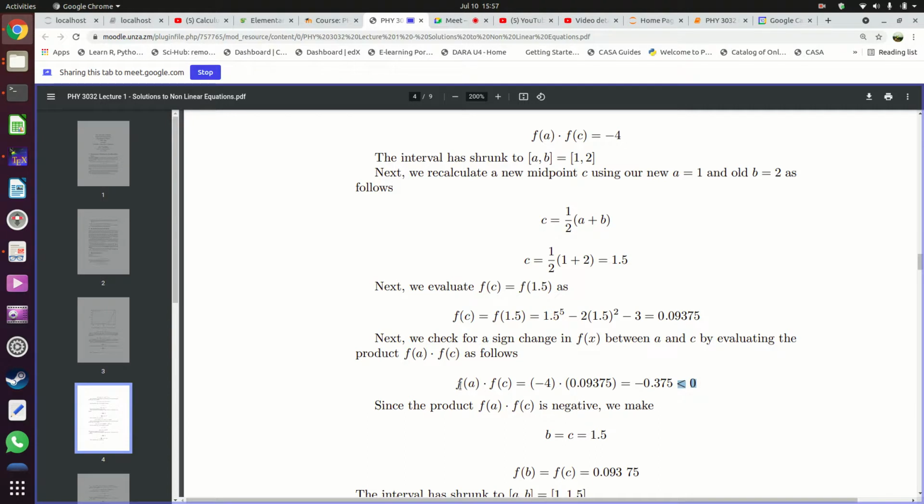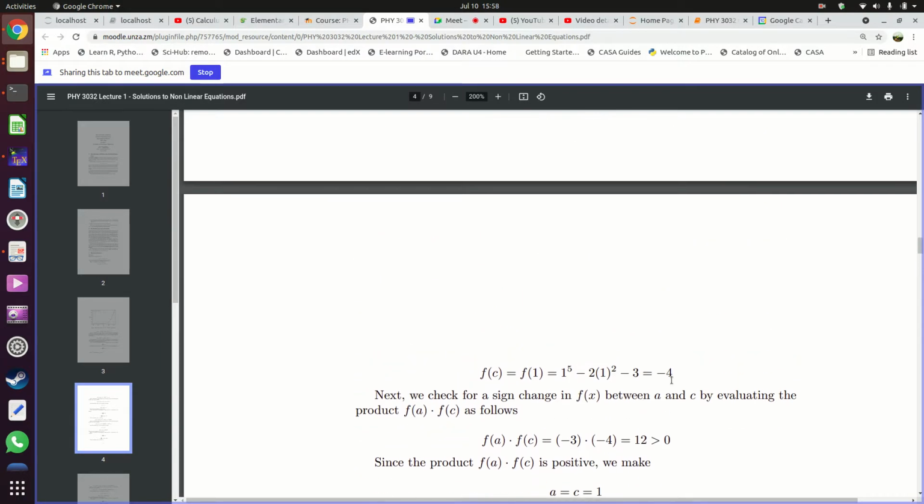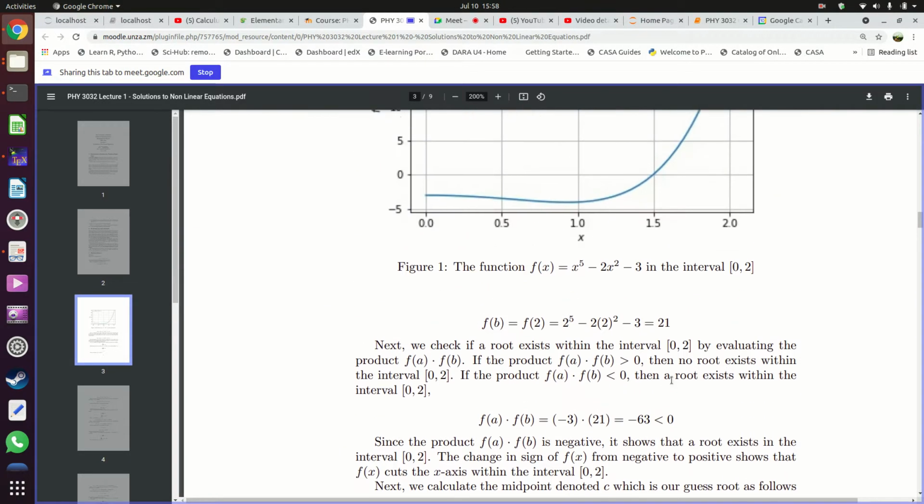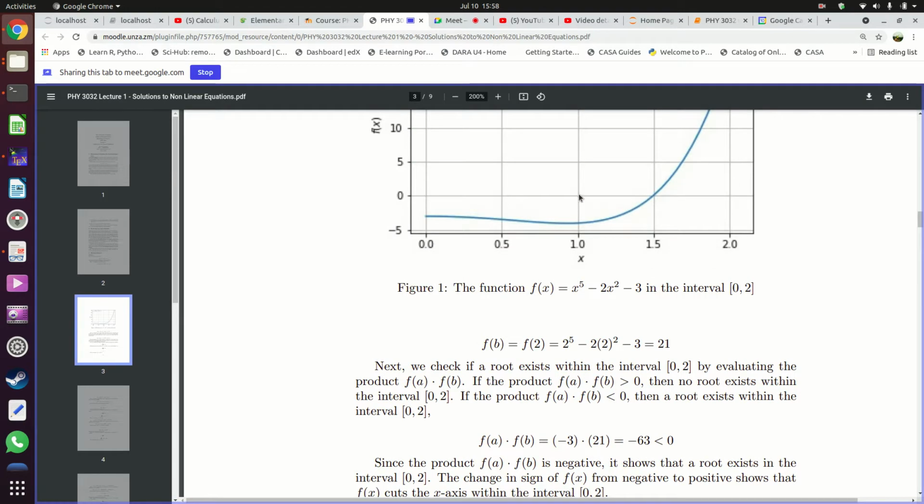Because this product f of A times f of C is less than 0, it means that the answer lies between A equals 1 and C equals 1.5. That's where the answer is. Because when you multiply f of A times f of C, f of A is negative, and f of C is there at 1.5, it's just slightly positive. So you can see that this equation cuts the x-axis just before 1.5.